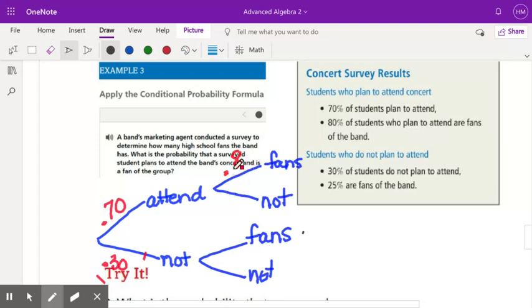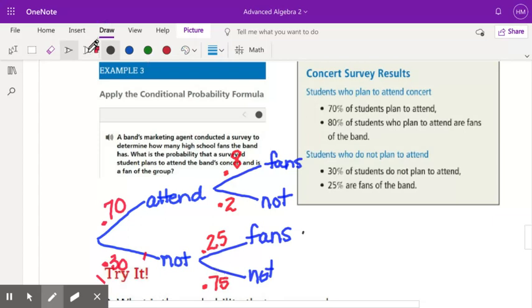And that means I can assume that of those who attended, 20% were not fans. Maybe they're just going to hang out with their friends. Then of those who did not attend, 25% were fans of the band, while I can assume 75% were not, because for this branch to add to 1, that has to be 75%. So here I have my tree diagram of all the probabilities.